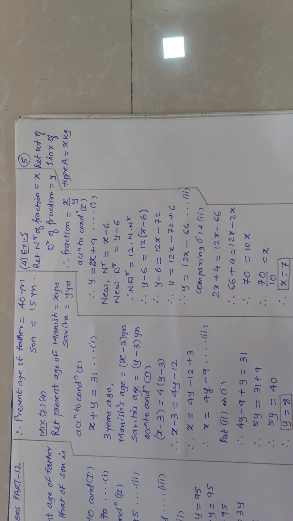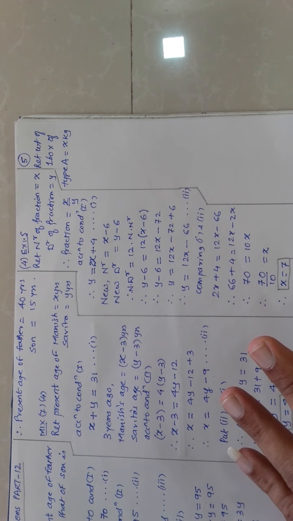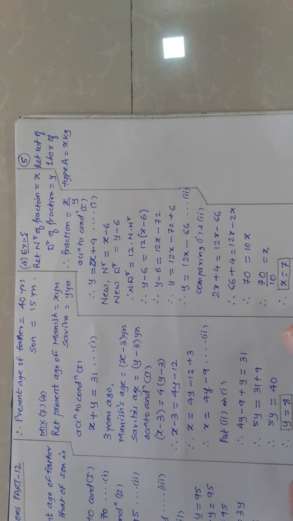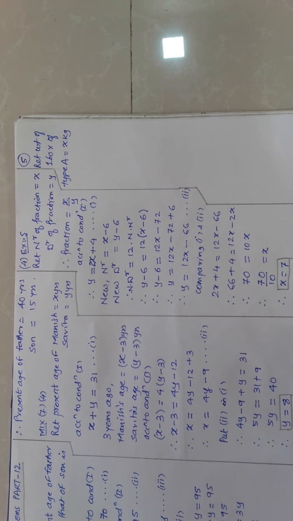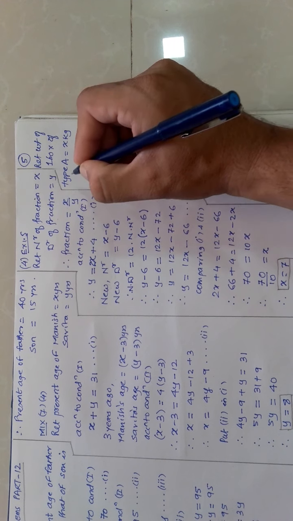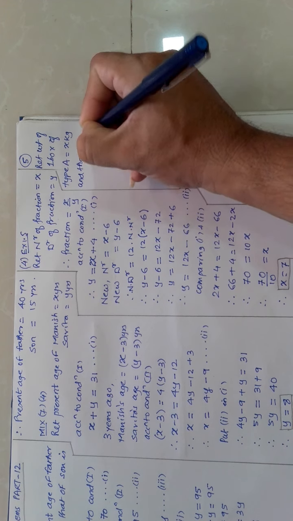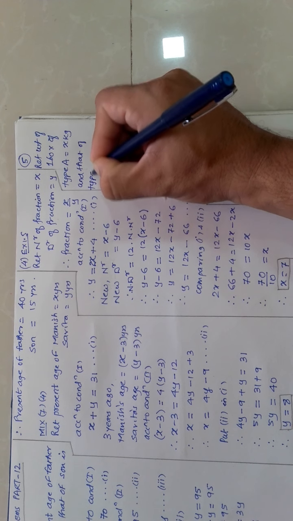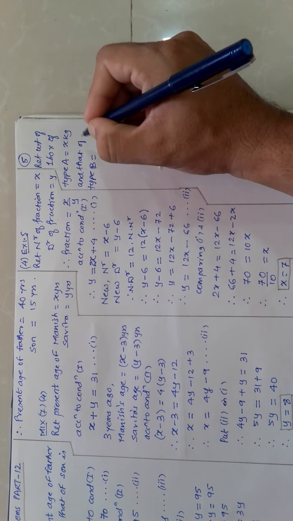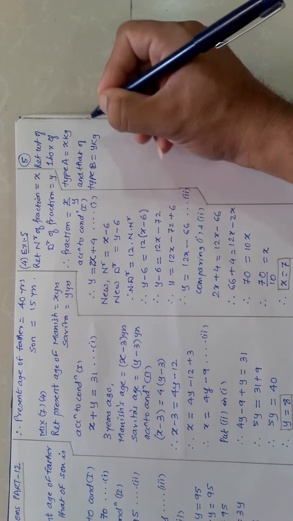Agreed? Mind it, I have taken kg, or else you can take ton directly, but I have taken it as kg, it does not matter. Okay? Type A is x kg and that of type B is y kg. Okay?